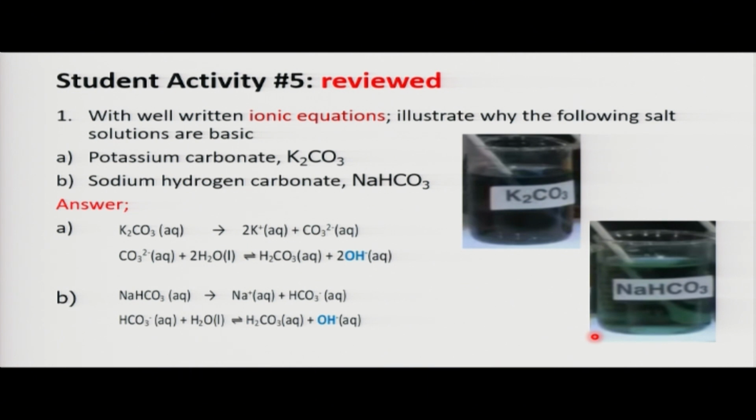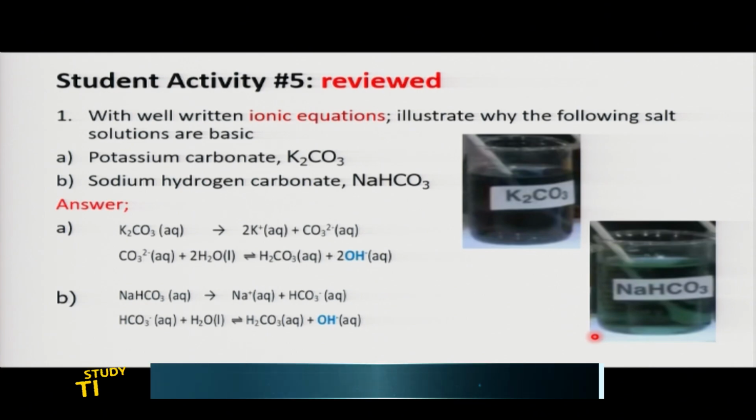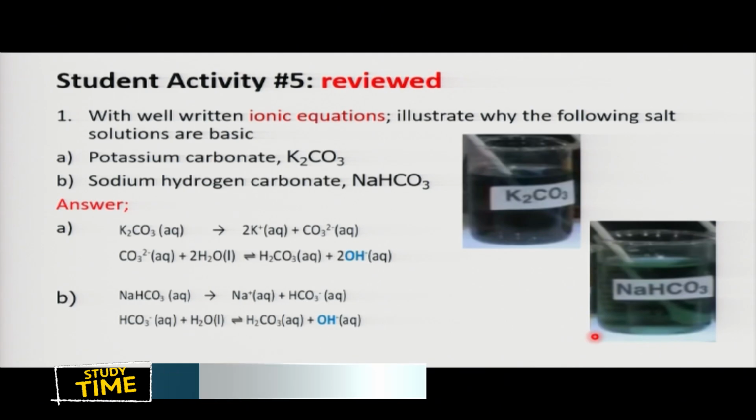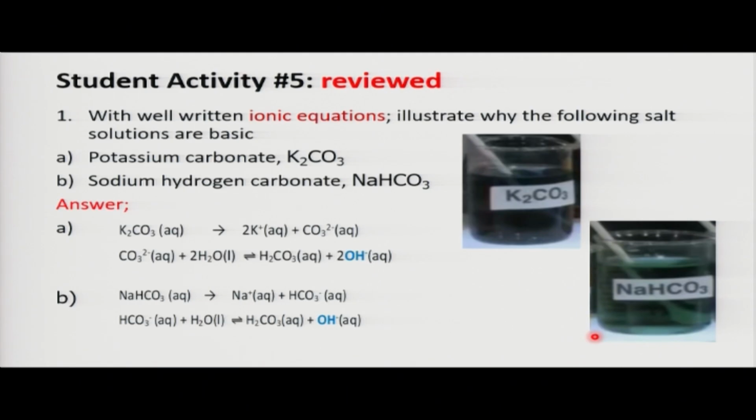Of course, that is the major part in that question. Illustrate why the following salt solutions are basic: potassium carbonate, which we had already seen its pH, and sodium hydrogen carbonate. So why are they basic? Using the ionic equation.